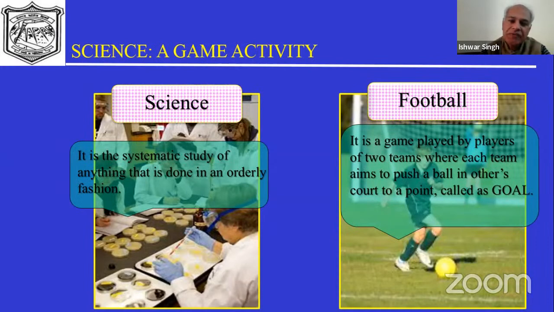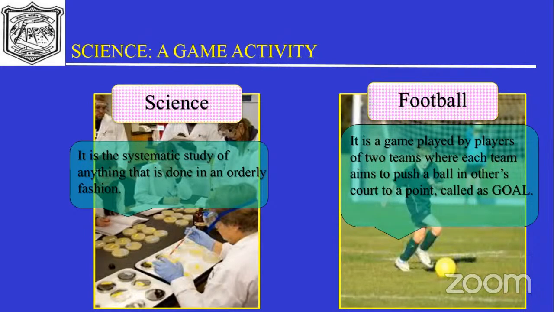Similar to that, we also have an objective in the science activity. As part of the science activity, we try to solve some problem in a systematic manner. I hope all of you agree with me up to this extent.